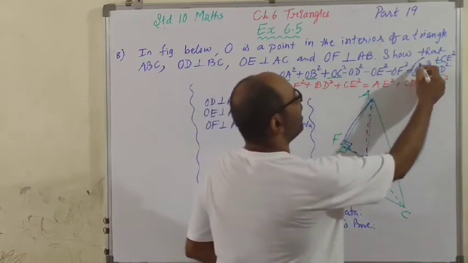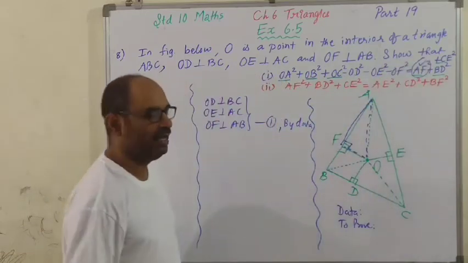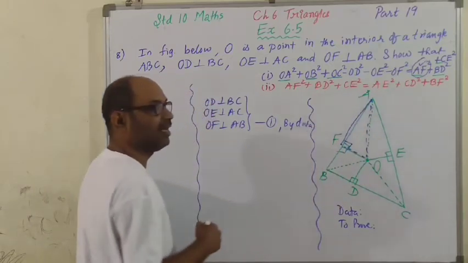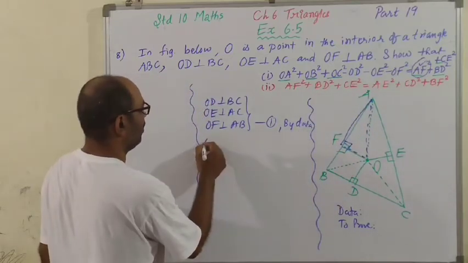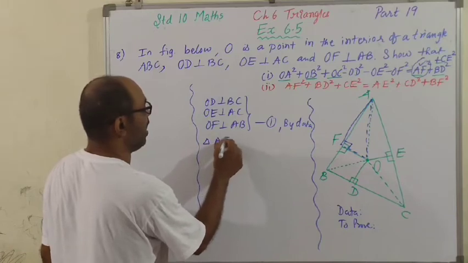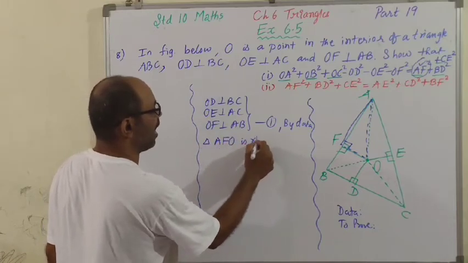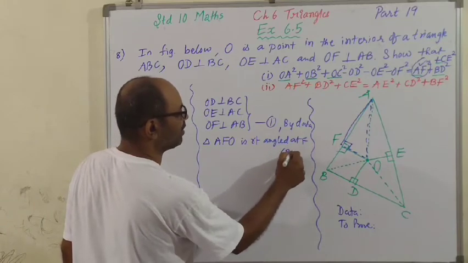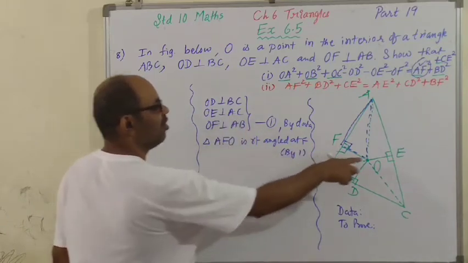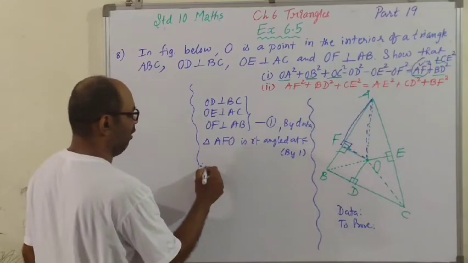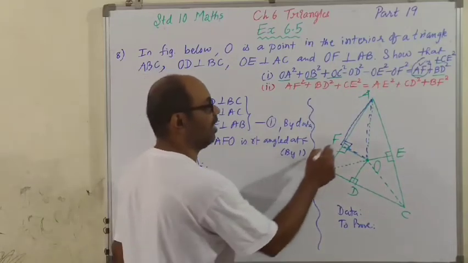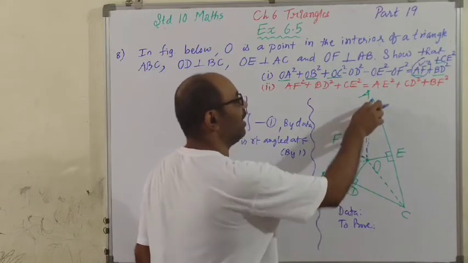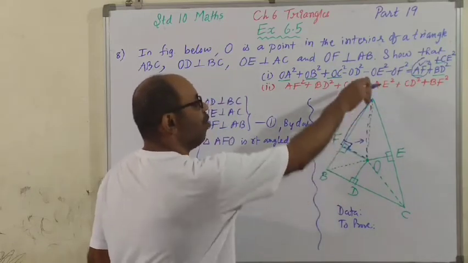In which I need AF, right? That AF is a side of a right triangle. So I pick up the triangle AFO, which is right angled at F. You can say by 1, because OF is perpendicular. Therefore, children, Pythagoras, this is the right angle. The side opposite to it is OA.